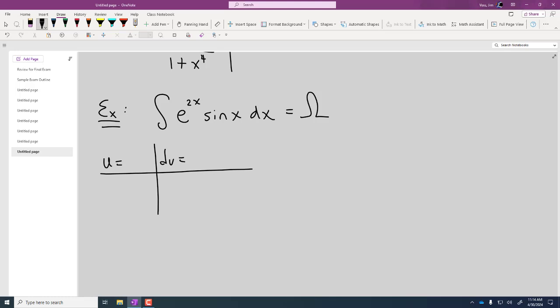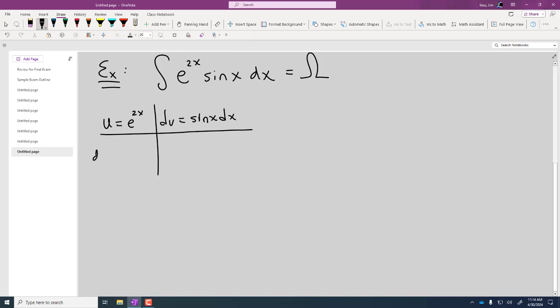If we see that we have an exponential and a sine or an exponential and a cosine, where both of their derivative sequences just start repeating themselves, sine, cosine, e to the x, e to the x, it doesn't matter which one you pick. So if you know that you're going to get that infinite loopy type of thing, we're going to do that.